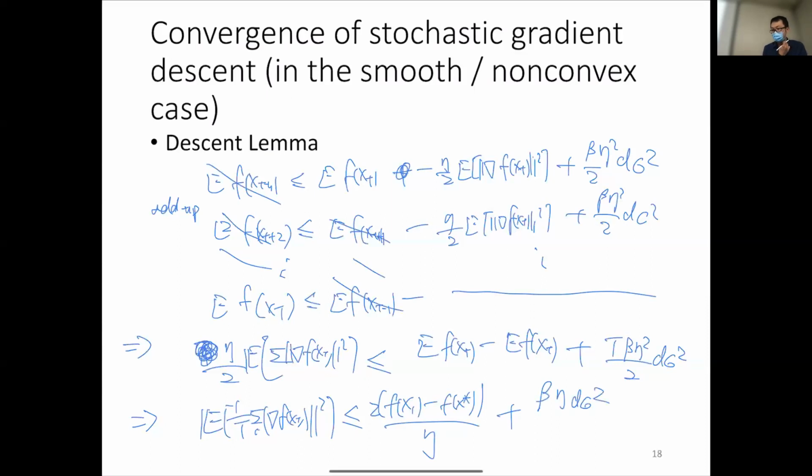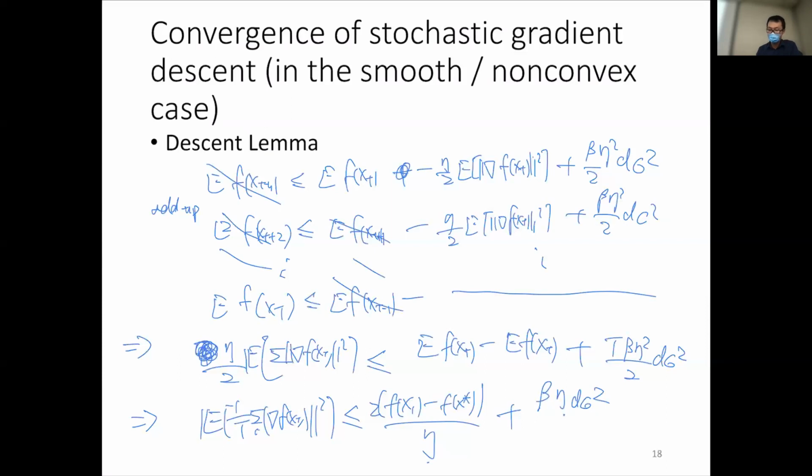Right. So it remains for us to find the optimal choice of the eta parameter that minimizes these two terms, and we can choose that according to the same rule that we've learned, by balancing these two terms.